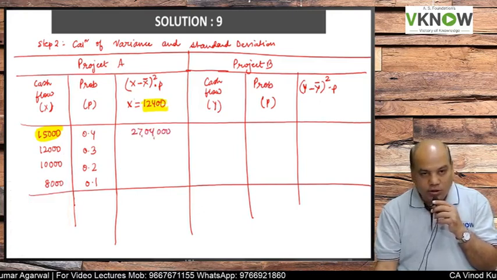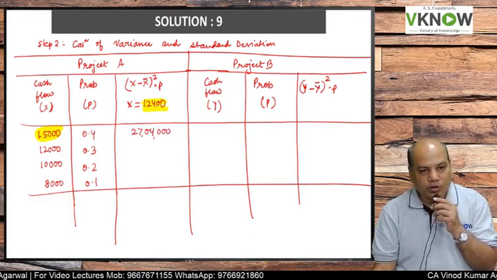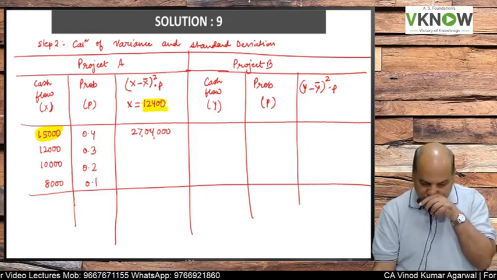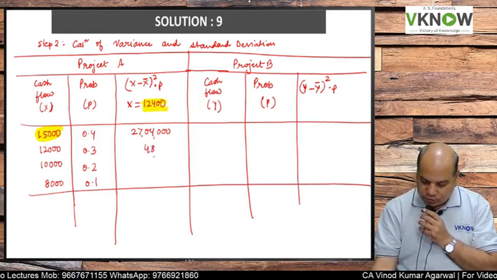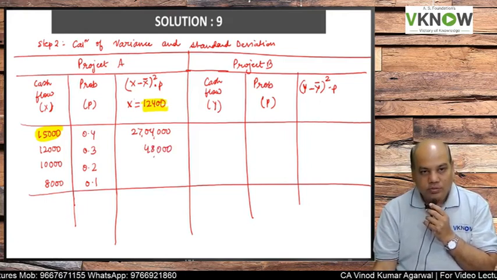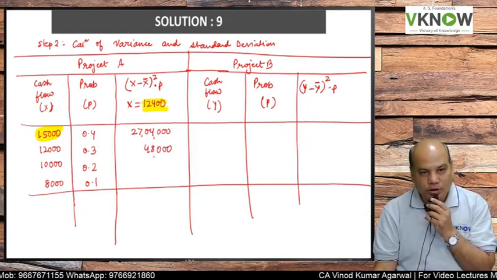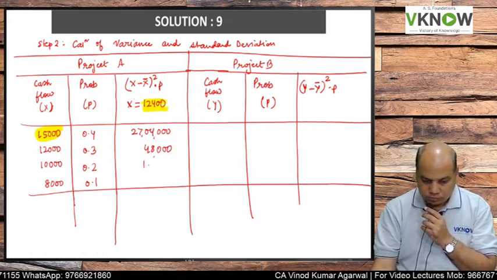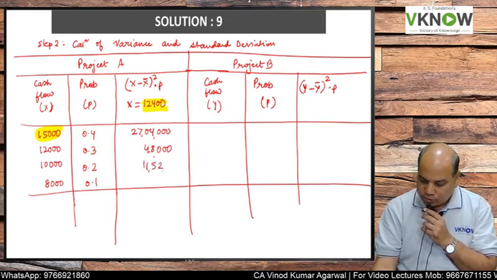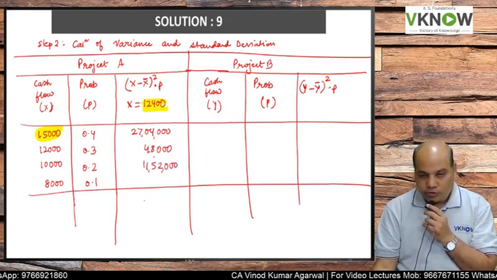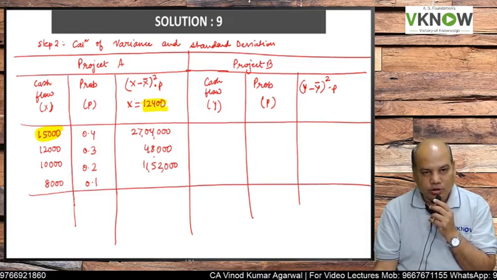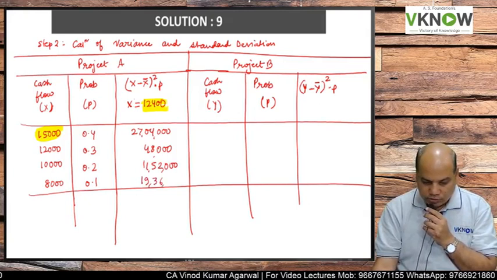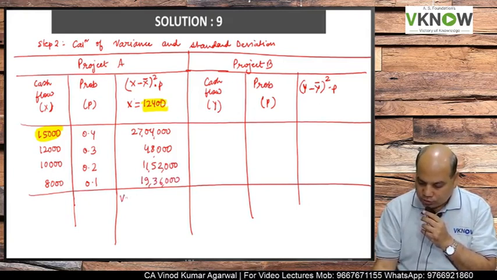Okay, one more. 12,000 minus 12,400 into equal to into 0.3. 48,000. 10,000 minus 12,400 into equal to into 0.2. 11,52,000. 8,000 minus 12,400 into equal to into 0.1. 19,36,000. Total. This total is called variance.